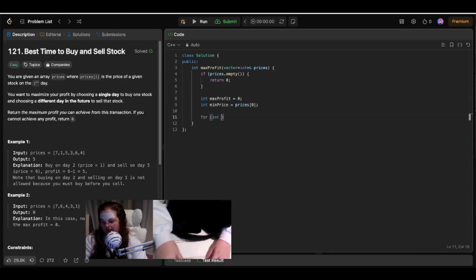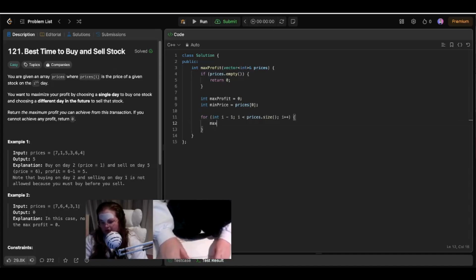For int i, minus 1, prices size, and then I'm gonna have to do i plus plus, right?